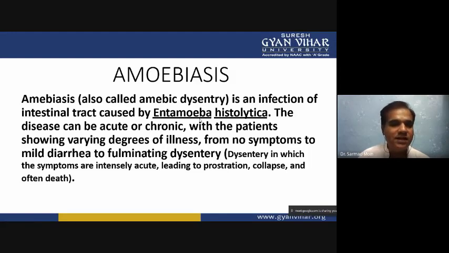So the intestinal tract is the primary infection site, and the main causative agent is Entamoeba histolytica. The disease can be acute or chronic.